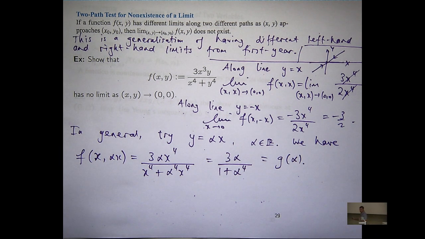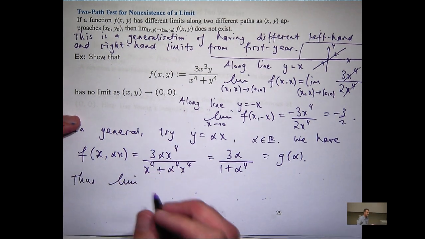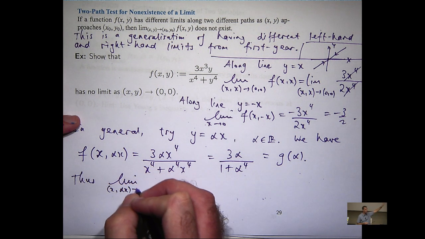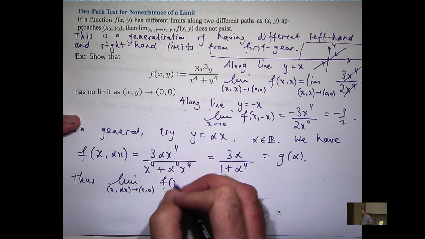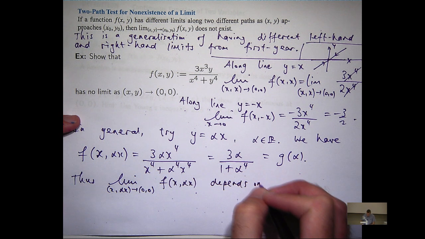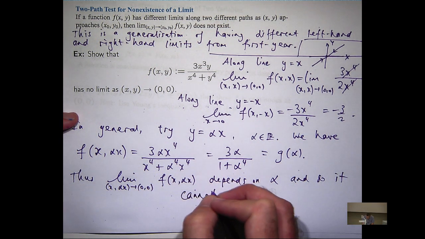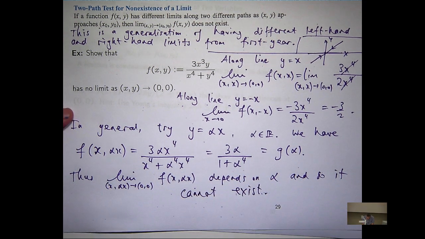So if I change my line, y equals 2x, y equals 3x, my limit's going to change. That's really important. All you have to do is show that the limit depends on alpha. Show that it cannot, and so it cannot exist.